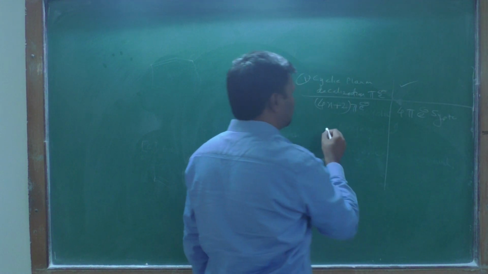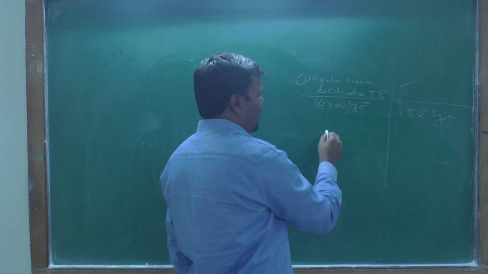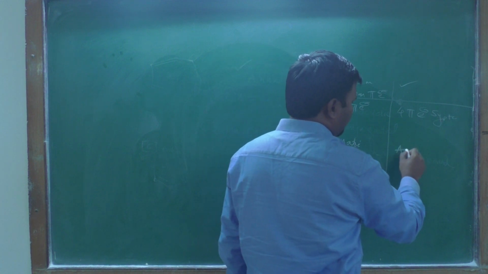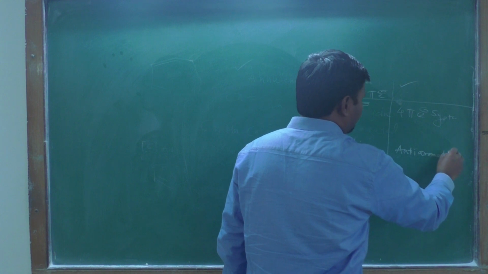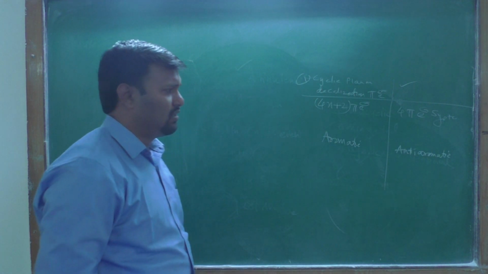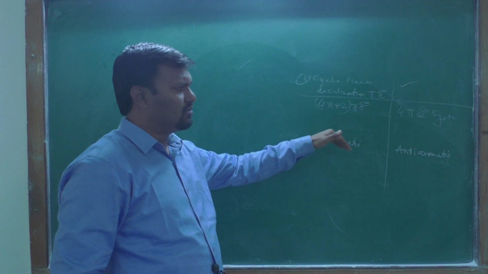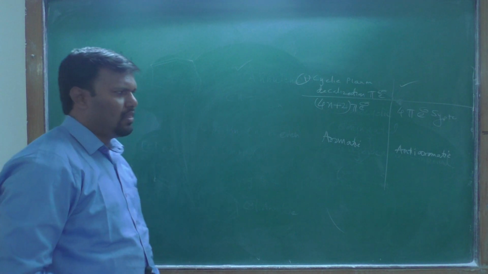The 4n+2 compound comes under the aromatic compounds, and the 4n is the anti-aromatic compound. And if the compound misses these properties, then that compound is a non-aromatic compound.